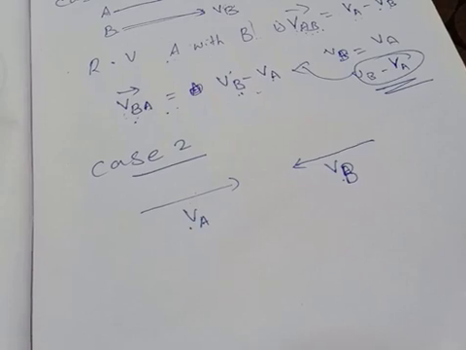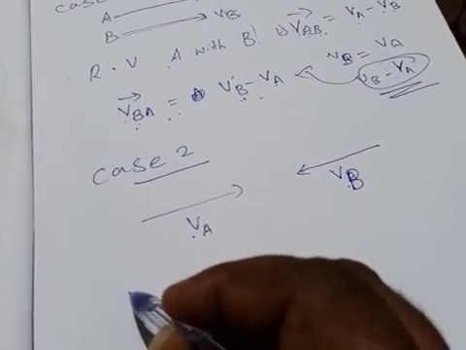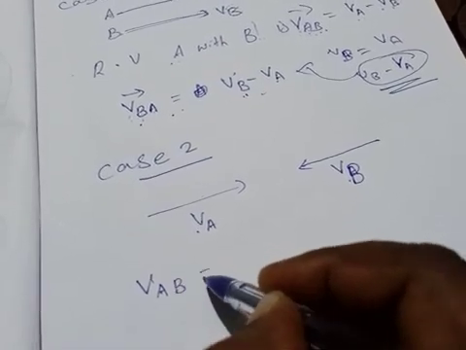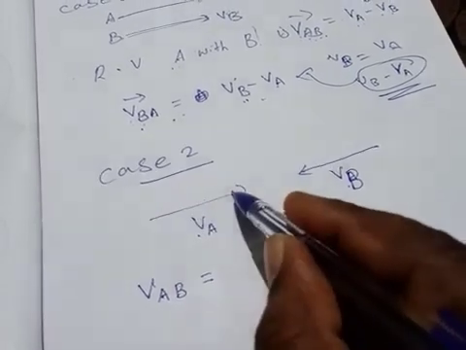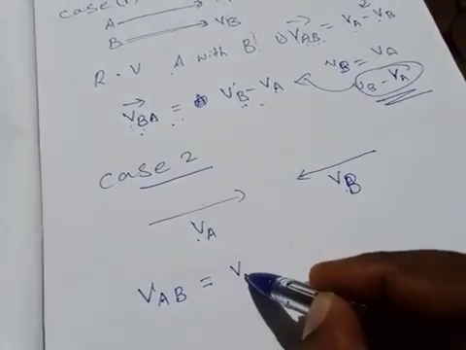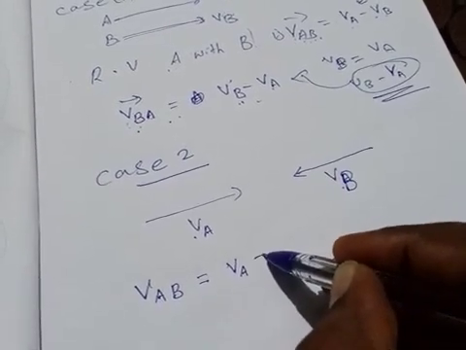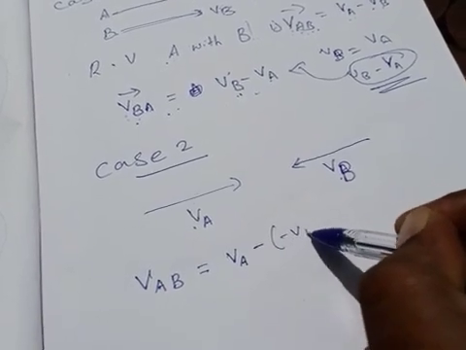Now what can you write? The relative velocity of object A with respect to B. VA is moving this side, so VA minus VB, and VB is opposite to this, so minus VB.